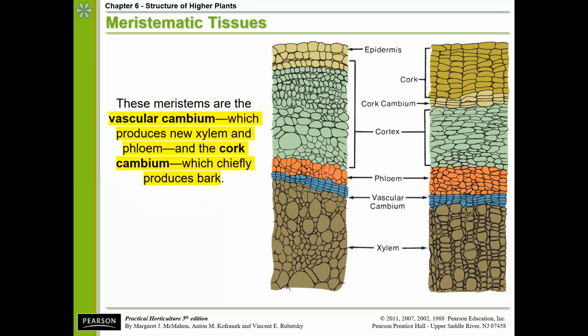One of those is going to be phloem, transporting the food. And then one is going to be the xylem, transporting the water. And in between those is that vascular cambium. We have another layer of cambium in the plants that produces bark, and that's the cork cambium, which just makes that very specialized organ in both herbaceous plants to a certain extent, but chiefly in the woody plants.